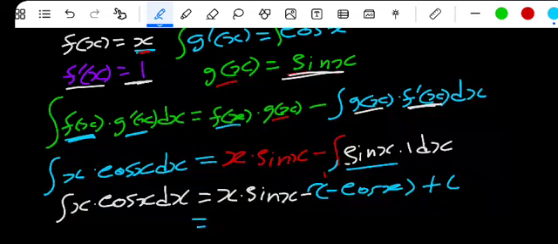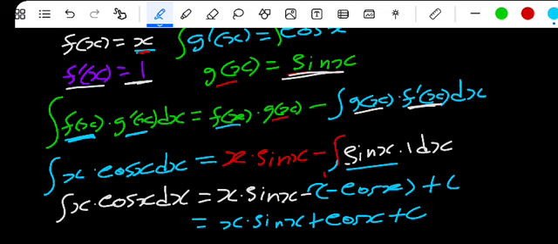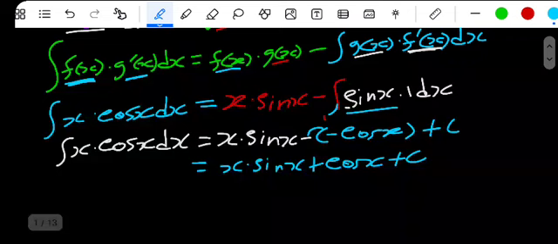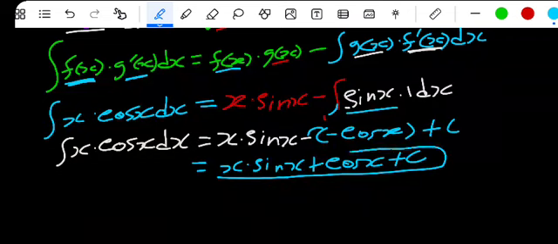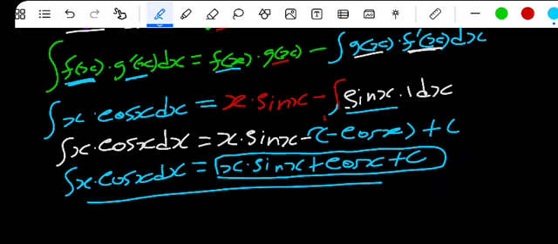When I distribute the negative, it will be positive cos x plus constant c. So far this is your answer there. So the integral of f of x multiplied by cos x dx must be equal to that, using the formula.